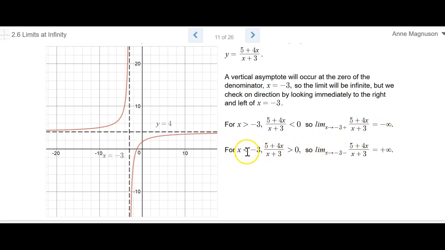And if I plug a value in close to minus 3 to the left of minus 3, let's say minus 4, that would give me a negative numerator and a negative denominator, which would be positive. So the limit as x approaches minus 3 from the left gives me positive infinity.